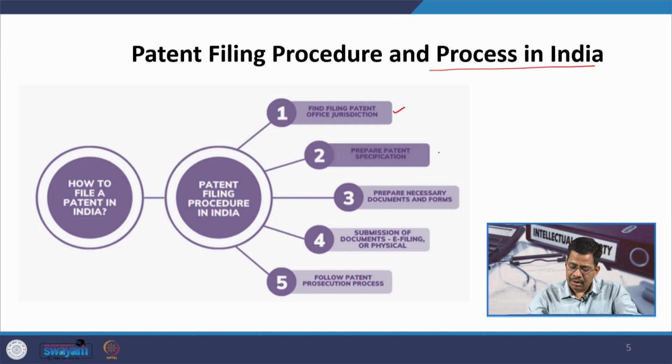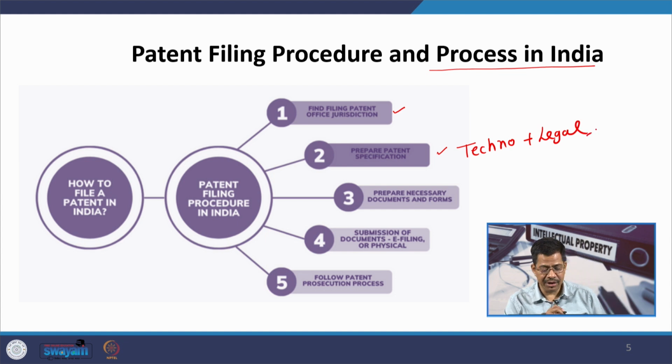Then we have to write the entire application, which is a techno-legal kind of document. It is not purely science communication, it is a techno plus legal document that we need to prepare. The additional documents, forms, etc., which are required also need to be there.